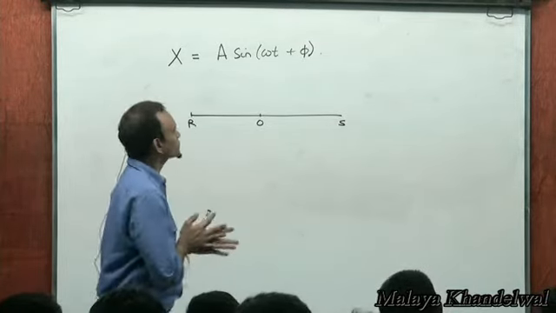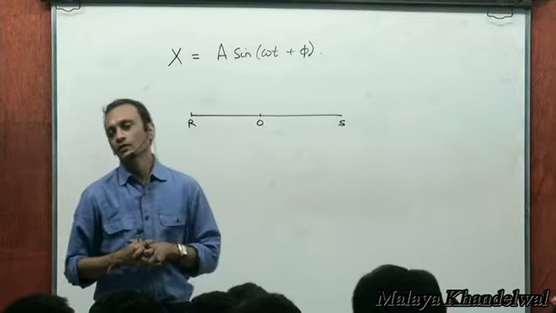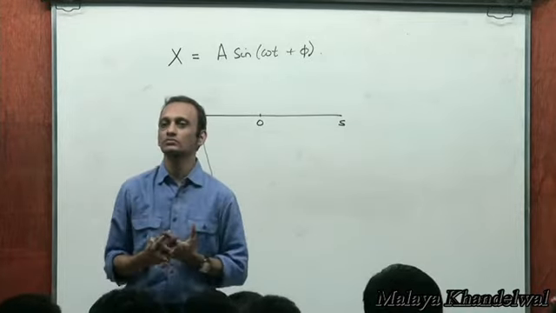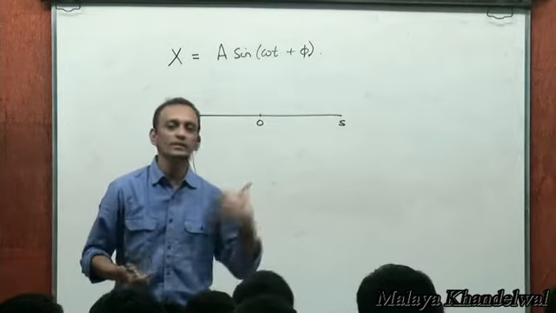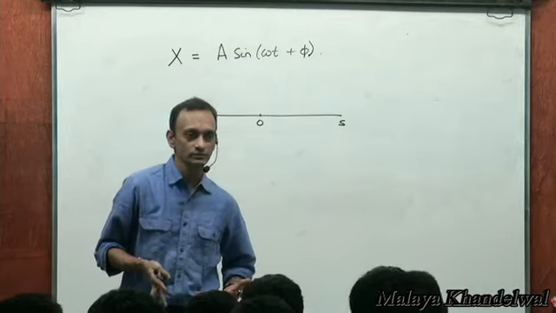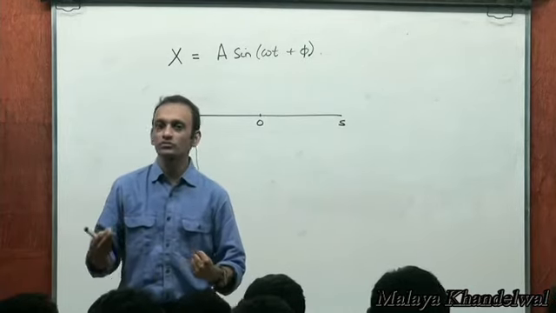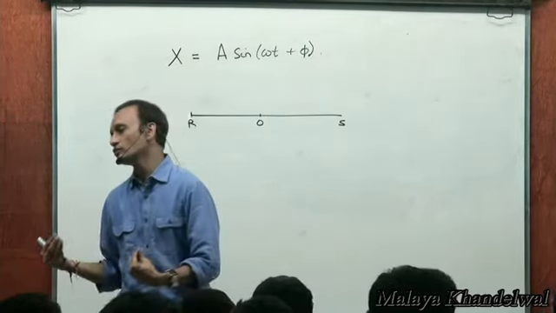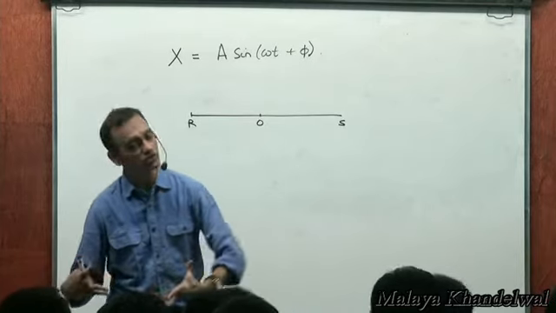He tells 3 of his students to examine this motion and report the phase constant for this particle. 3 of his very dumb students were asked to report phi, the phase constant of this motion.